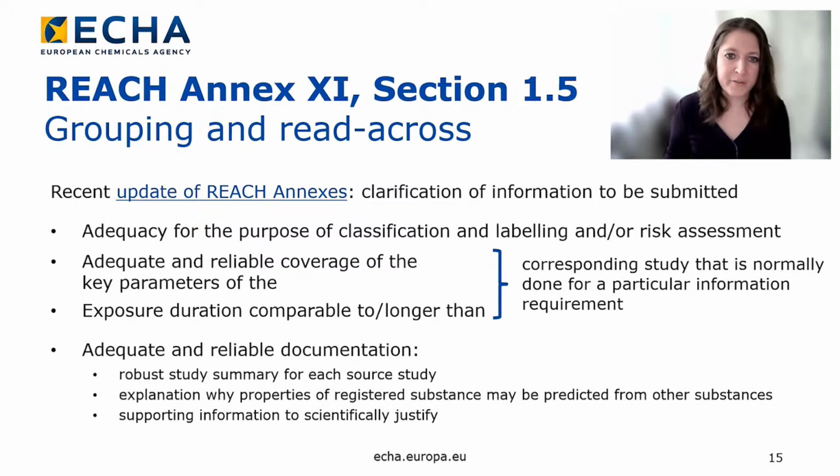And it was specified that the adequate and reliable documentation should include robust study summaries for each source study, an explanation why the properties of the target substance may be predicted from other substances, and supporting information to scientifically justify the hypothesis and prediction.